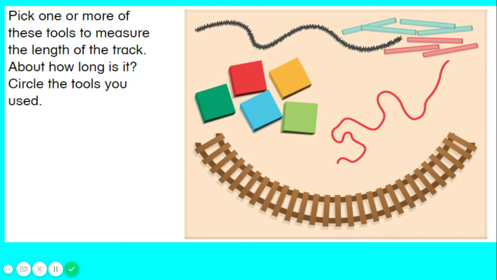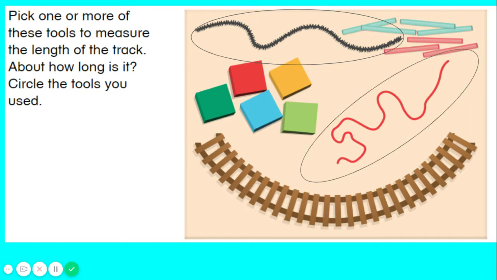Could you use the pipe cleaner? Could you use the straws? Could you use the blocks? Or could you use the string? I'm going to choose 2 tools that I would use. I want you to see if you thought of the same tools that I did. Pipe cleaner for one, and the string.